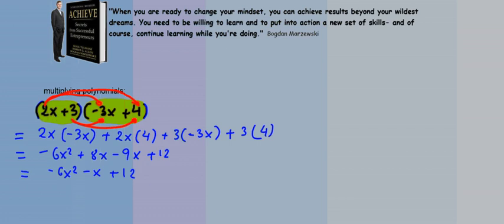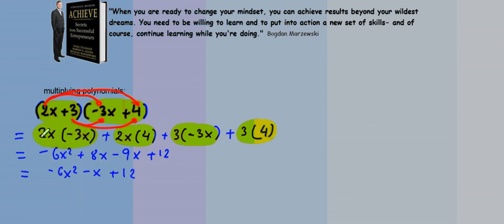So after the product 2x and negative 3x is completed, you have shown right here the next group is 2x times 4, and the following group 3 times negative 3x and 3 times 4. Now you have to pay attention whether you multiply two positive integers, or both negatives, or one positive, one negative.